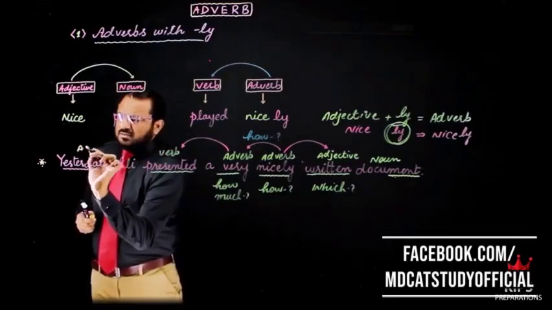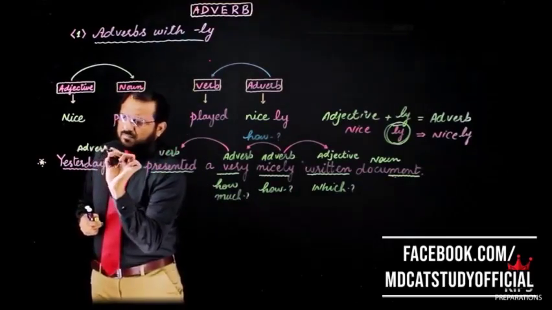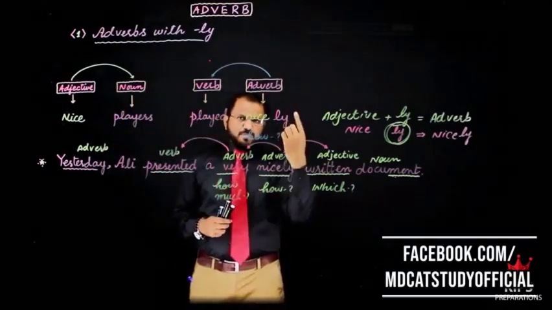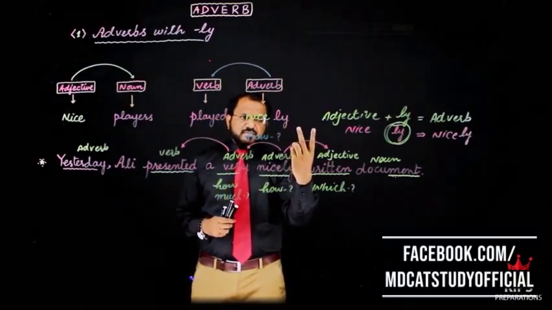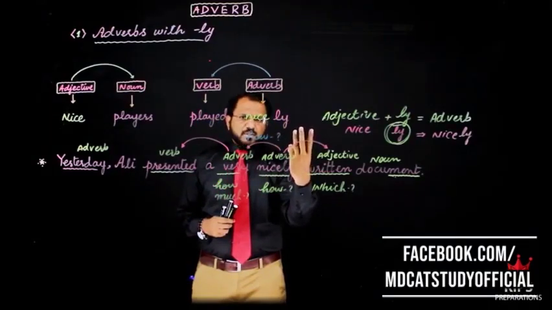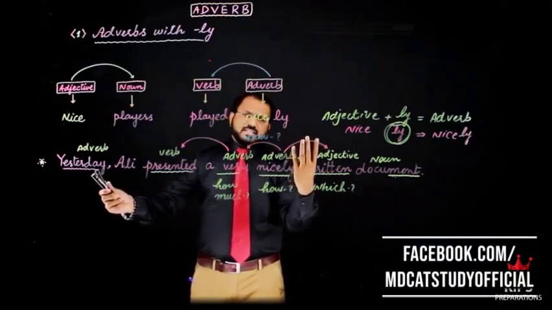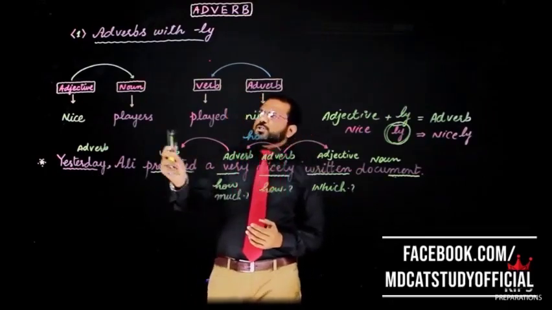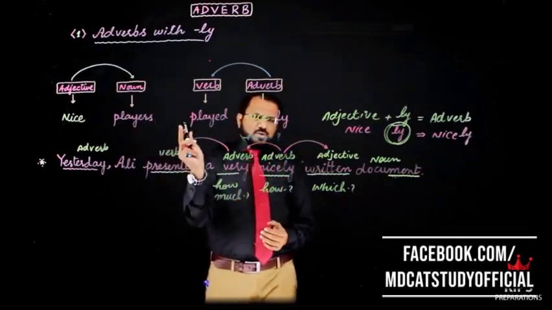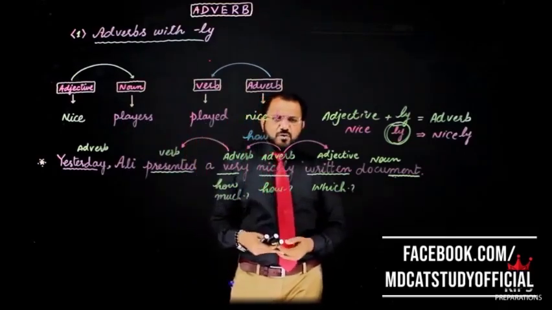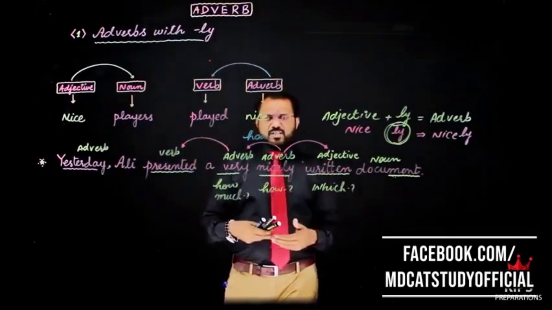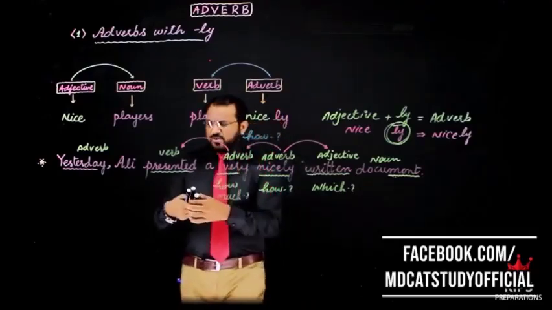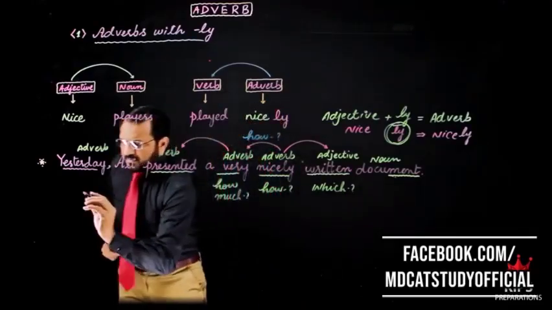An adverb is a word that adds more meaning to a verb, to an adjective, to another adverb, or to the whole of the sentence, right? So our point is when to use ly with the adverb, how to form an adverb from the adjective by adding ly. You can see we have to do with two conditions.